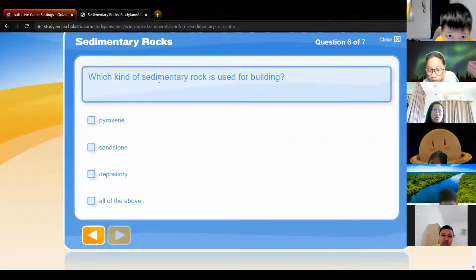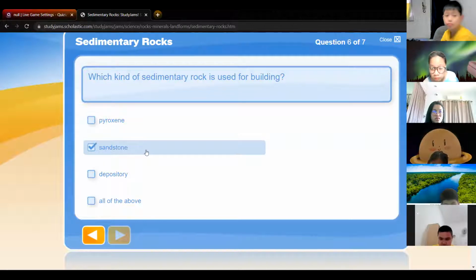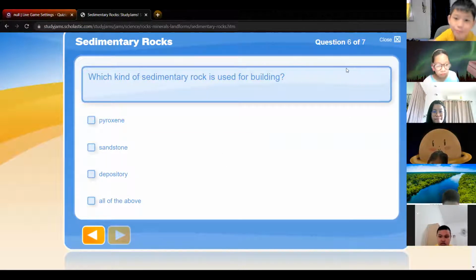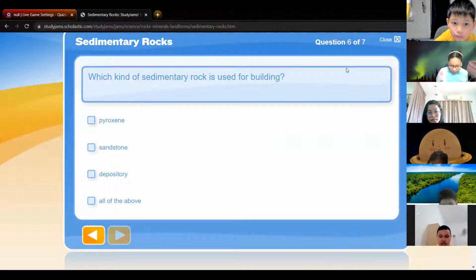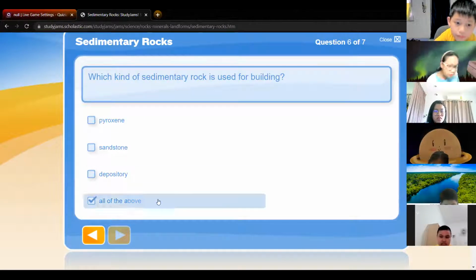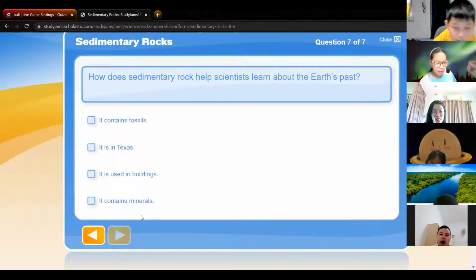Which kind of sedimentary rock is used for building? Pyroxene, sandstone, depository, or all of the above? I will ask Parinia. What is your answer, Parinia? All of the above. Yes.